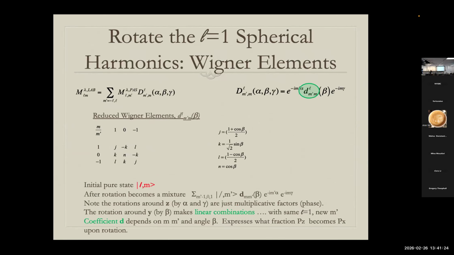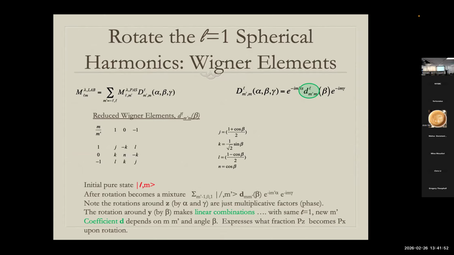We have M prime equals minus L to L. And then what else? We're summing over M equals minus L to L. Since we don't need the phase factors for this problem, we're just going to sum this with the phase factors of B1.